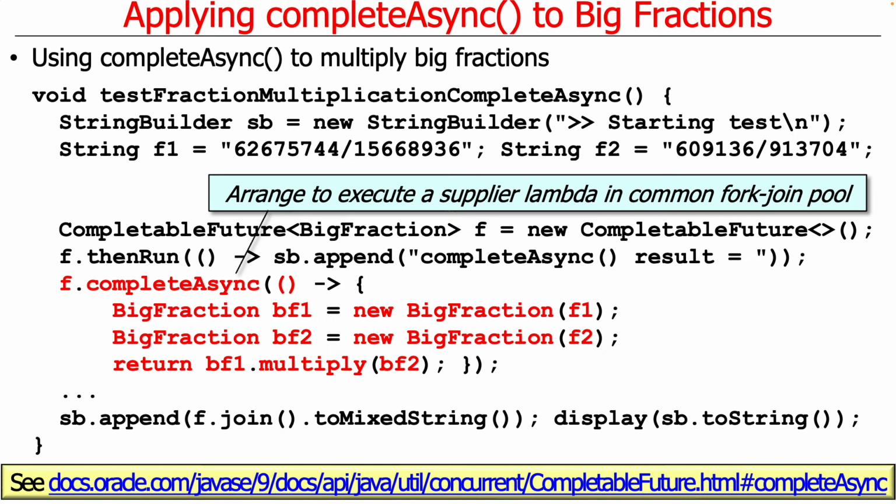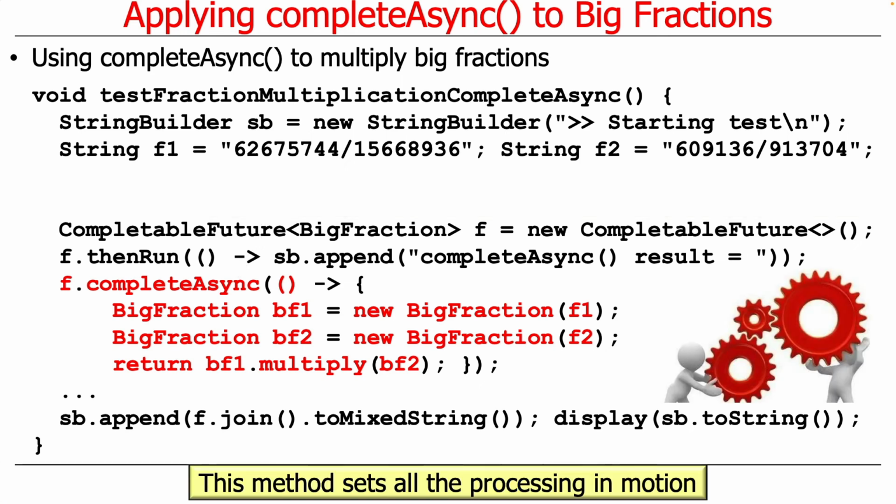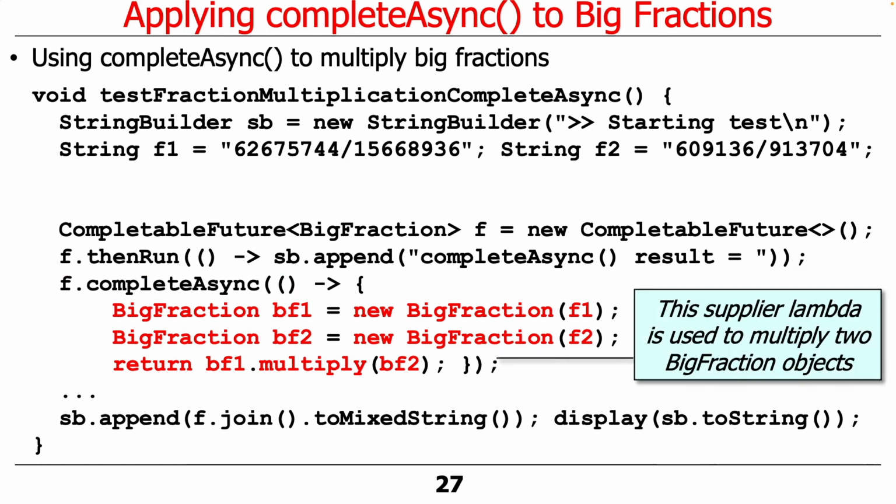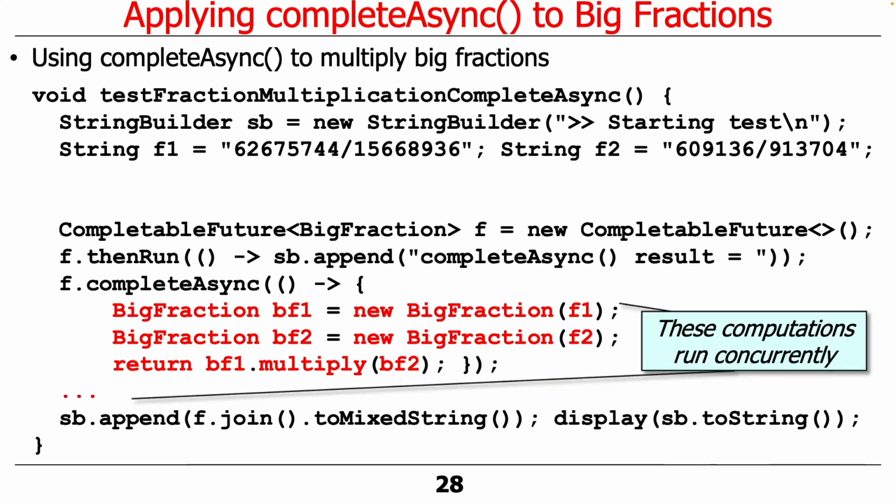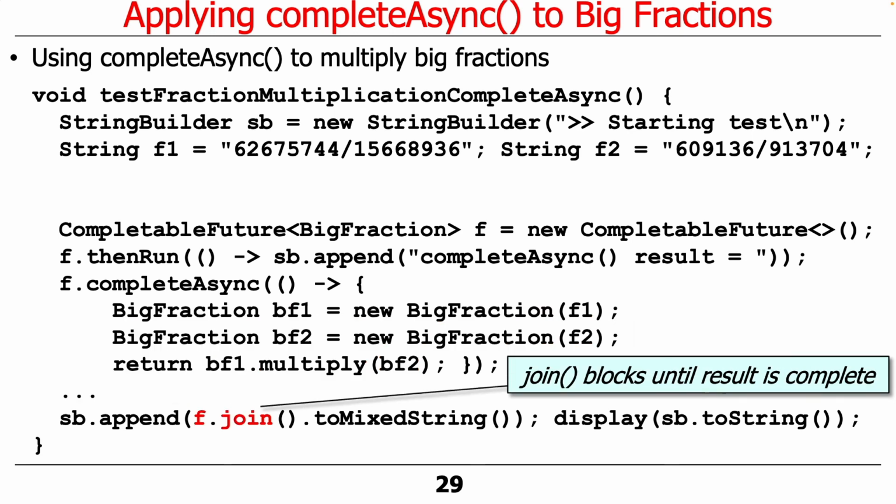Kind of a weird thing. Honestly, I've looked long and hard and was not able to find any good examples of using completeAsync for anything, but here's an example of it being used. That sets the wheels in motion. Things run in parallel, and then finally we join the results and print them as a mixed string.